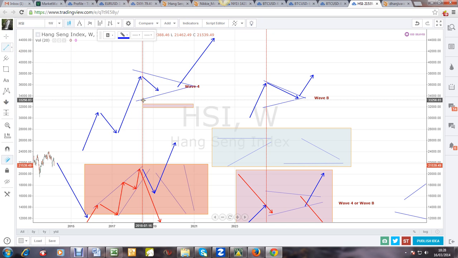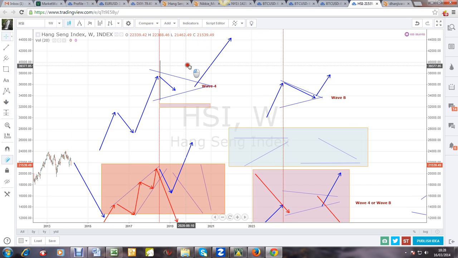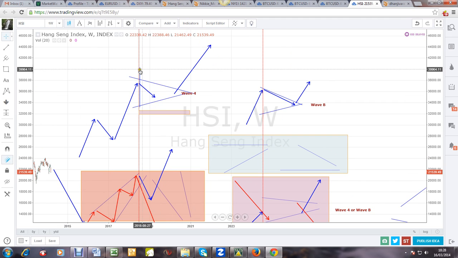analysis suggests that if you measure the height of the triangle like so, and then apply that to the breakout, then often what happens is it gives you a potential target. If I can grab all of the line. Oh, so that wasn't a good one.